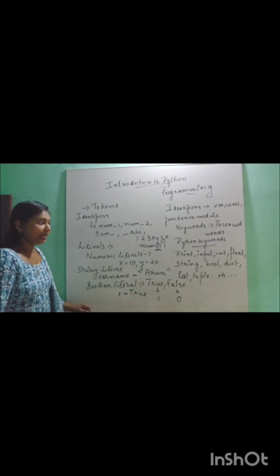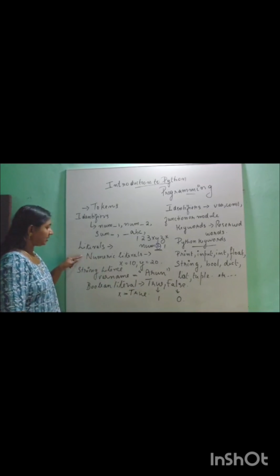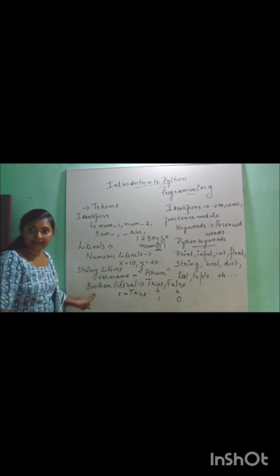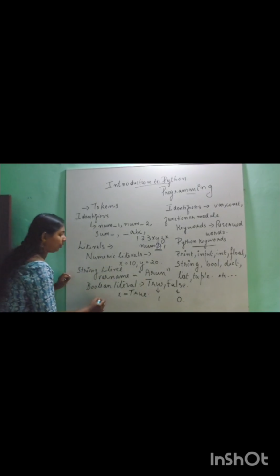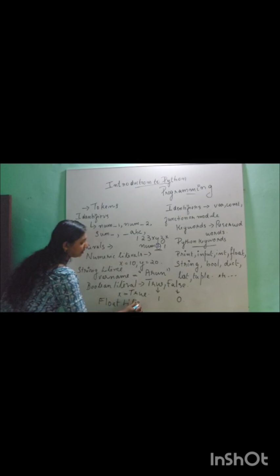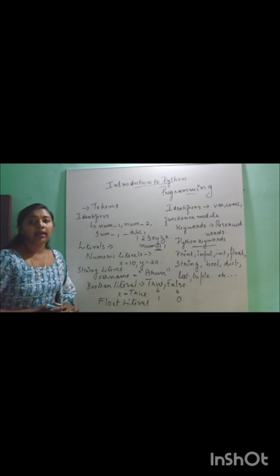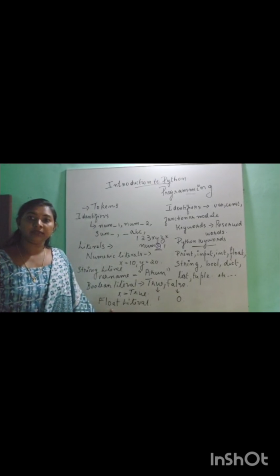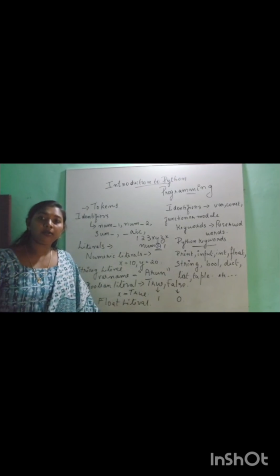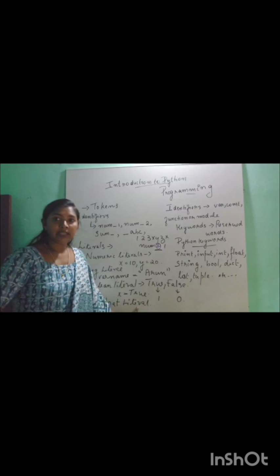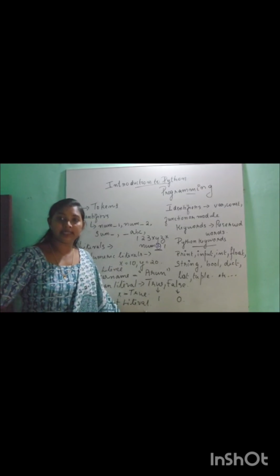We have discussed numeric literal, string literal and Boolean literal. The next literal is the float literal. As you know, float variables allow real numbers or numbers with decimal values. A float literal is a value having a decimal point.